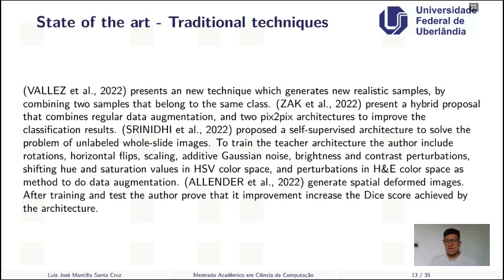Srindy proposed a self-supervised architecture. Well, Srindy basically proposed an architecture based on two structures. The first one is the teacher, the second one is the student. The teacher was trained with data augmented with traditional techniques, and this architecture teaches the student how to segment an image.